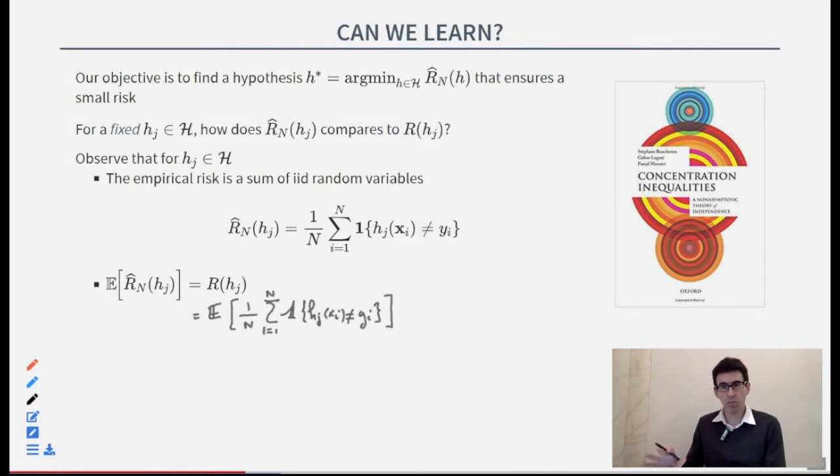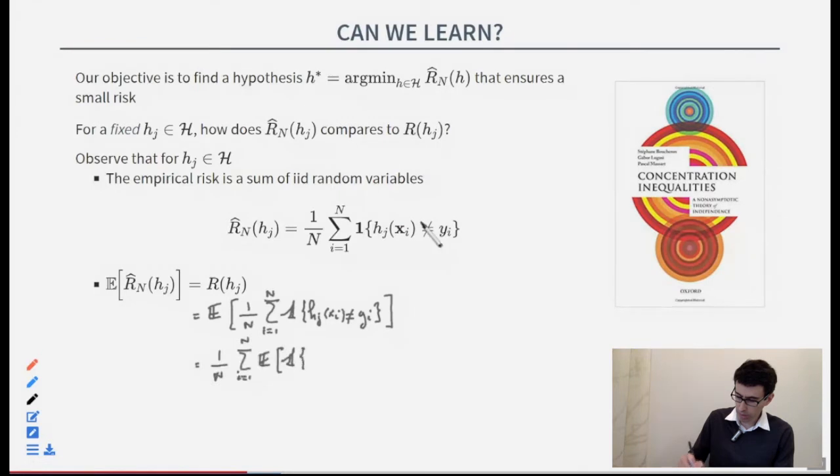Sometimes with integrals too, but you have to be a bit more careful. Here it's a sum, so I don't have to worry about it. And so I can write that as 1 over n, the sum from i equals 1 to n, expected value of an indicator function, Hj of xi not equal to yi.